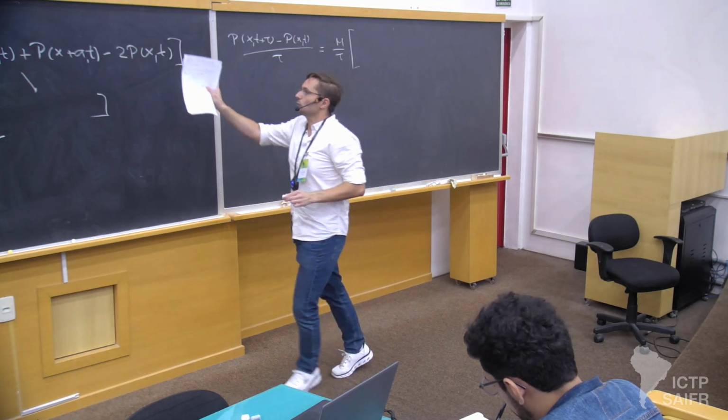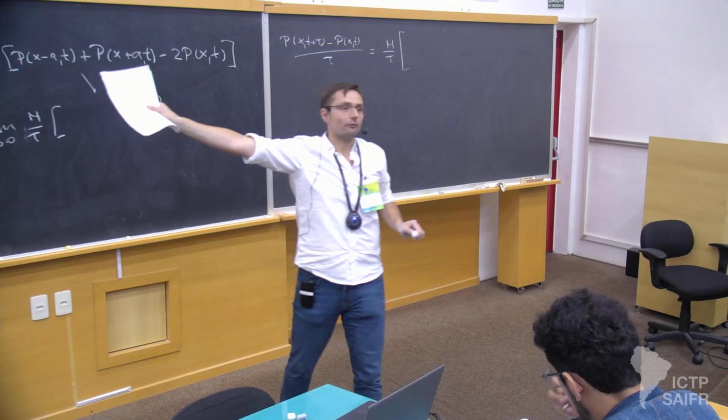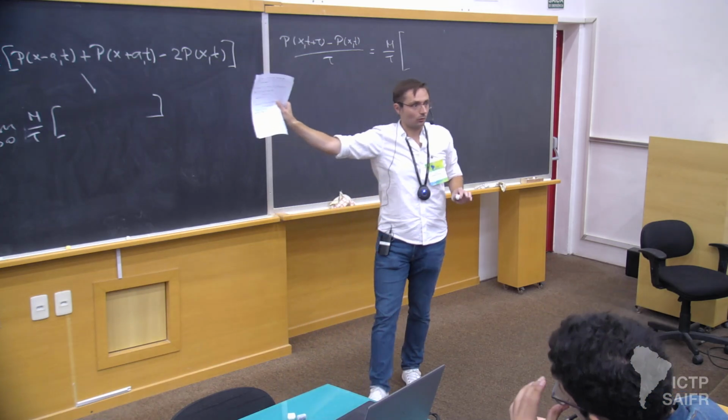And therefore, I can do a Taylor expansion of all these probabilities around X. And if A is small enough, I'm going to truncate it at second order. Okay?